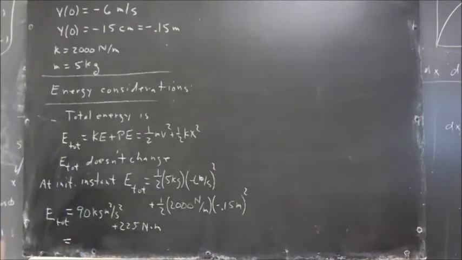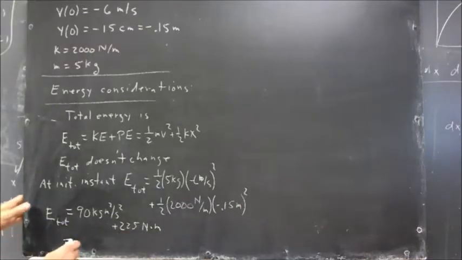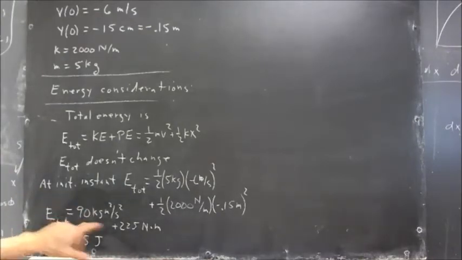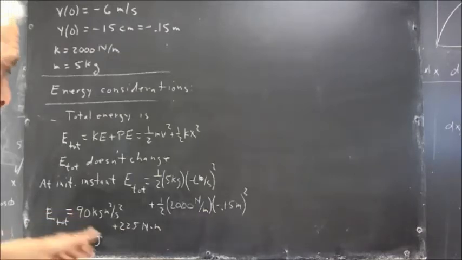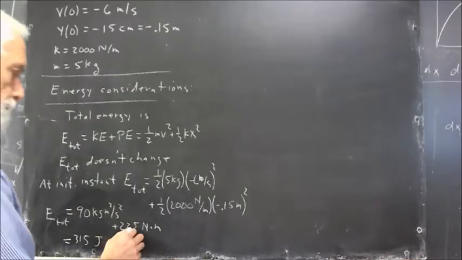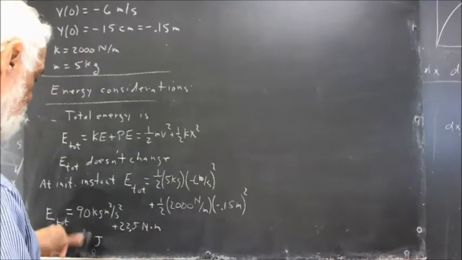The units in both cases are joules, kilogram meter squared per second squared, or Newton meter. And we get 315 joules. Now this is the kinetic energy we've given it, and this is the elastic potential energy, and actually it's 0.0225 and 1,000. I think I got my decimal in the wrong place.